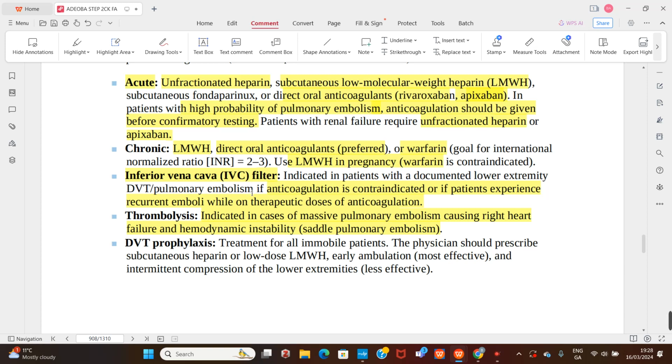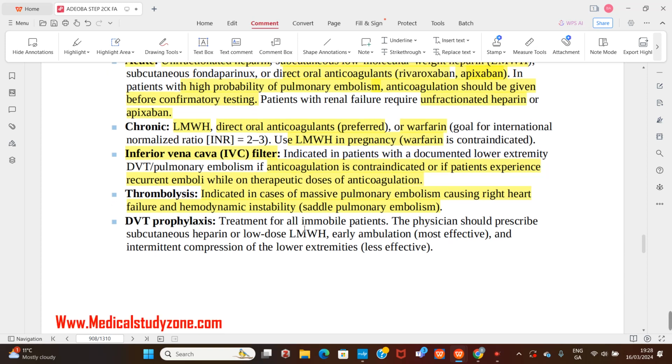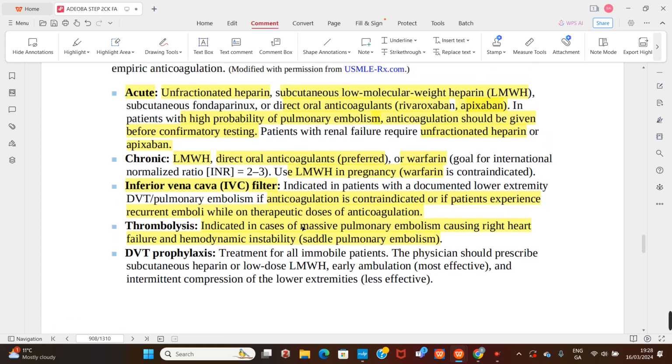Either the person is not responding to optimal medical dosing, or anticoagulants are contraindicated, such as recent surgery and active bleeding. Exactly.